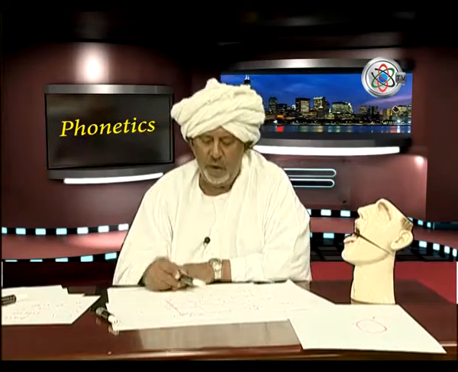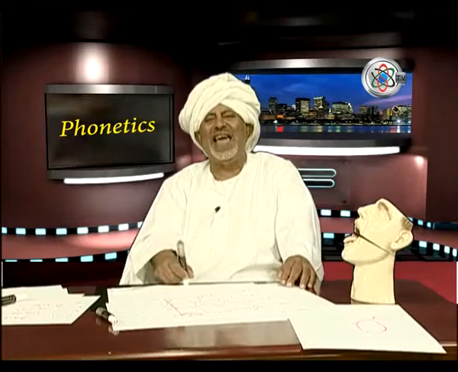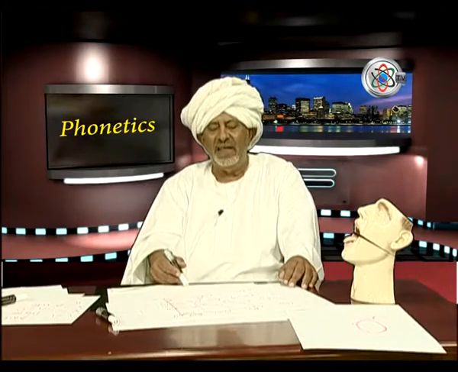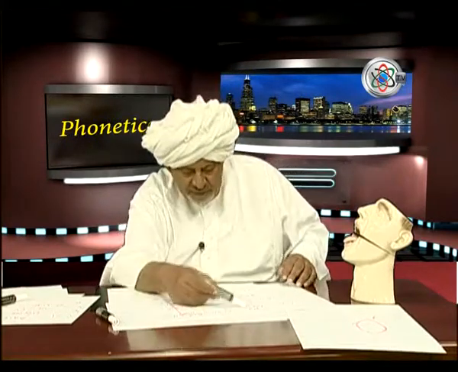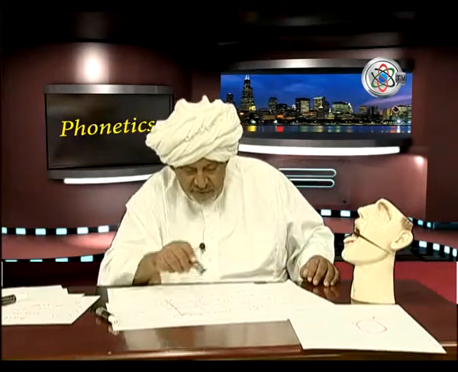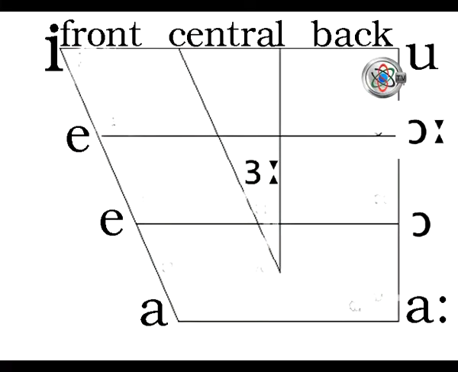Now, describe the vowel in the word cat. It is front. It is open. It is short. It is unrounded. Now, describe this vowel in the word part, or half, or cut. It is back. You see?